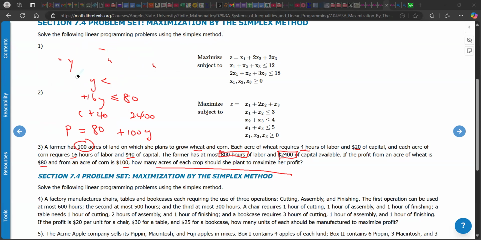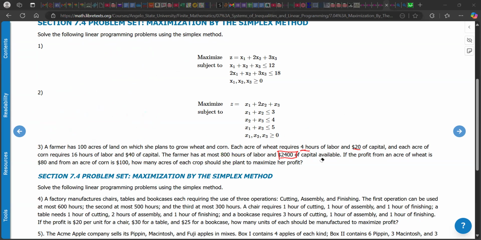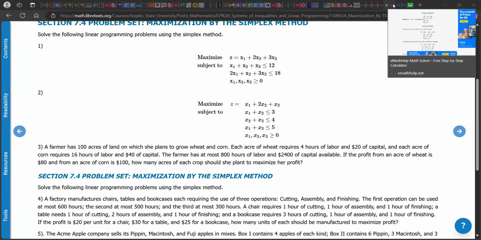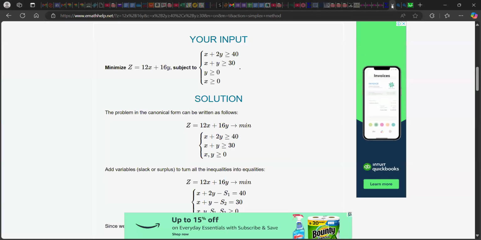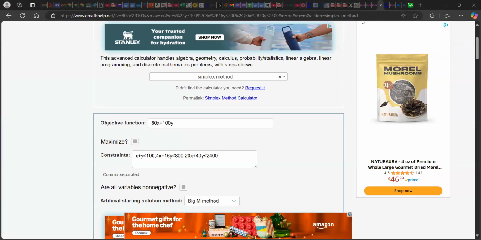Let's see, it's all there. Is it here? So I'm switching over, right? Yeah, this is it here.